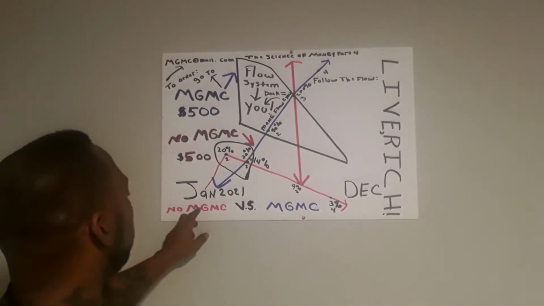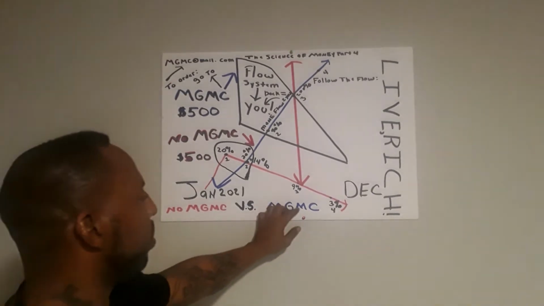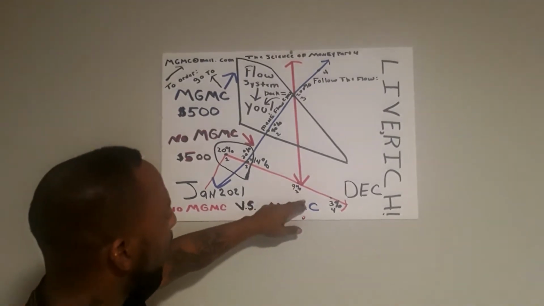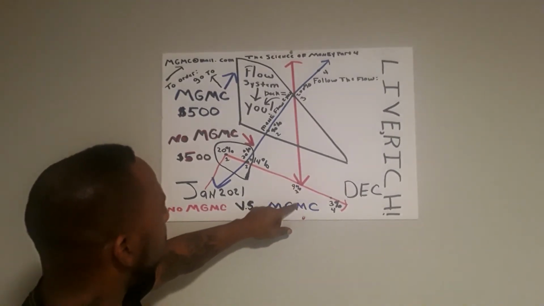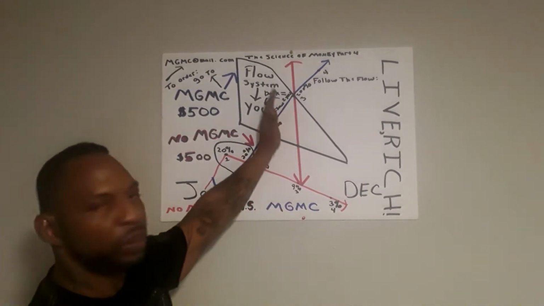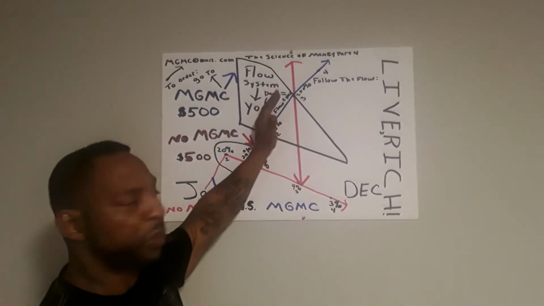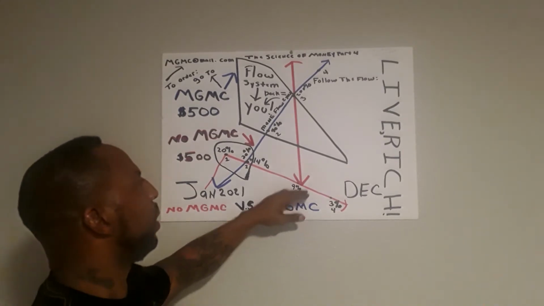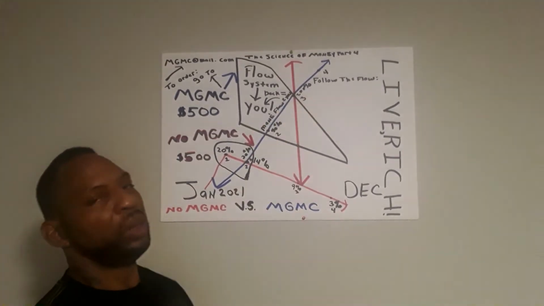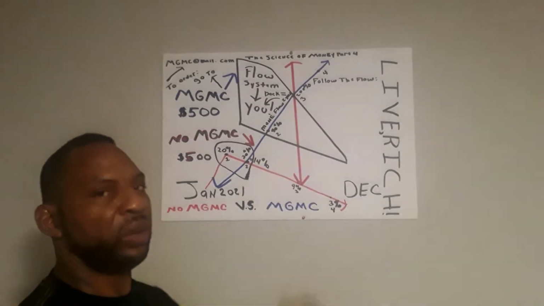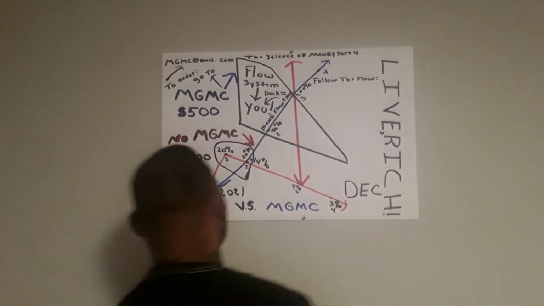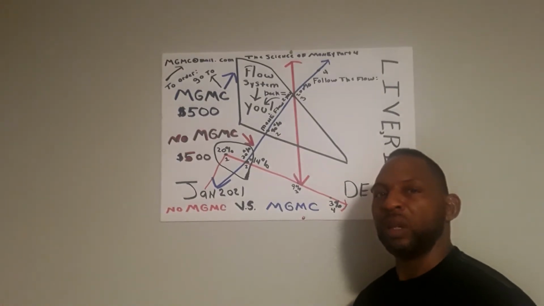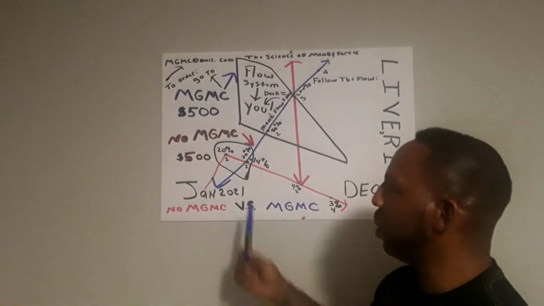The no mgmc versus the mgmc provides some help on getting your flow to go up if you don't already have it going up, and if you already have it going up, this mgmc has some features that can help you flow even better. But this class is not set up to promote a product.